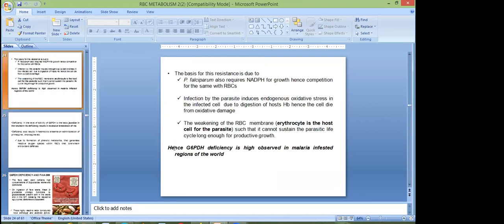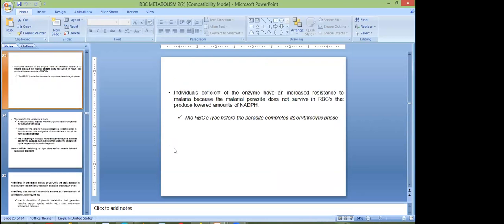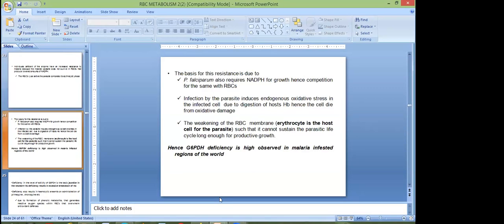So for glucose 6 phosphate dehydrogenase deficiency, it's something we should note with drugs such as antimalarials.